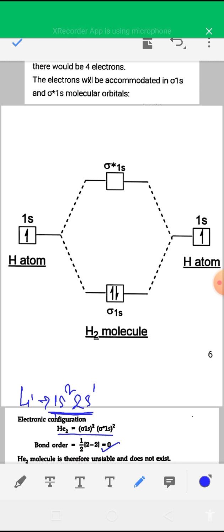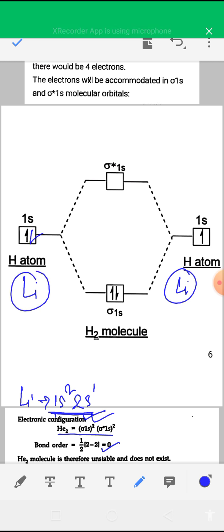The 1s atomic orbitals will overlap, and similarly the 2s orbitals will also overlap to form molecular orbitals. In the case of two lithium atoms, the 1s atomic orbitals will overlap and the 2s orbitals will also overlap.